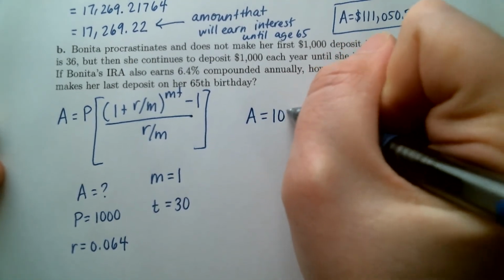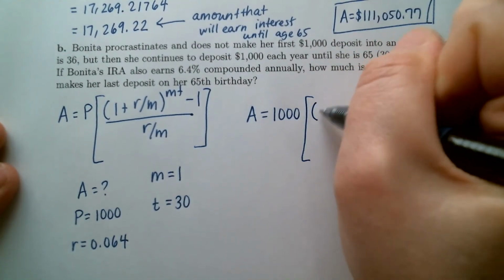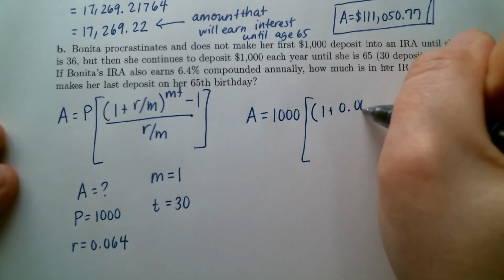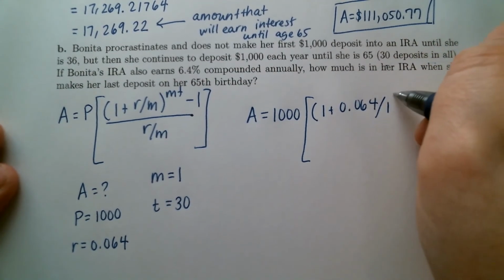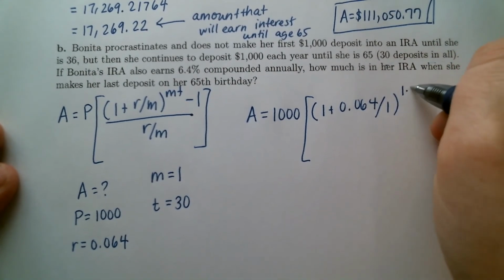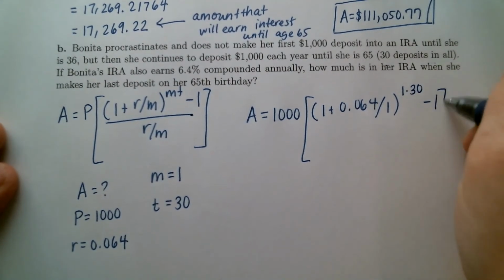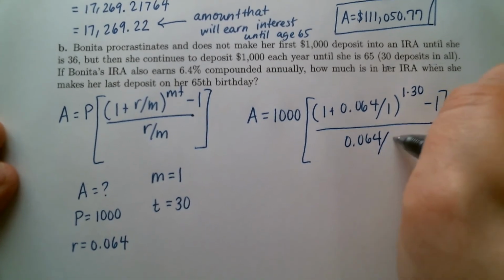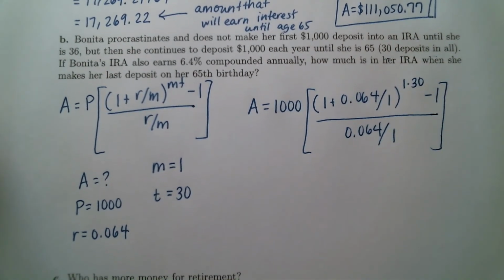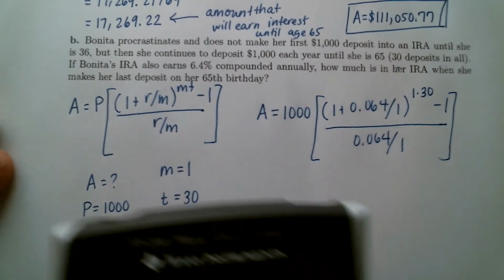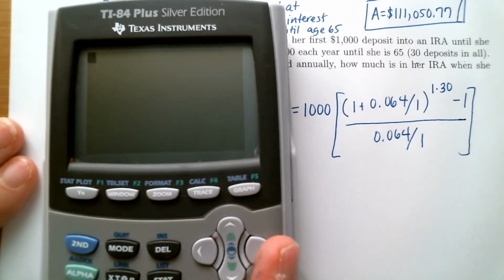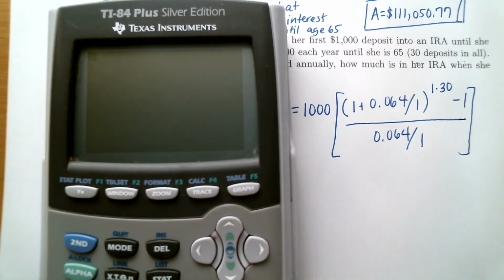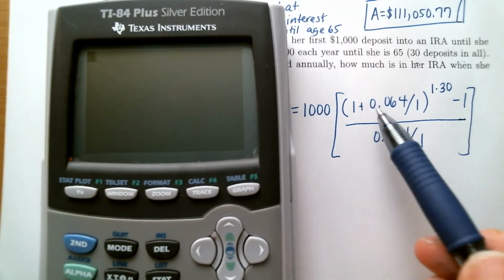Okay, so we're going to get 1,000 times 1 plus 0.064 divided by 1 raised to the 1 times 30 power minus 1 divided by 0.064 divided by 1. Okay, let's pop this in the calculator. With this formula, we're going to start inside the brackets in the numerator.